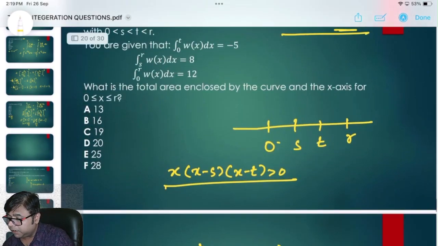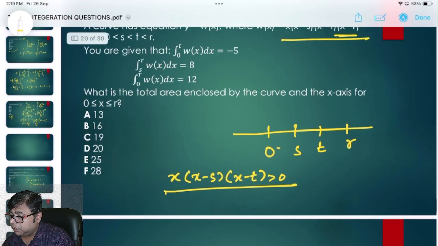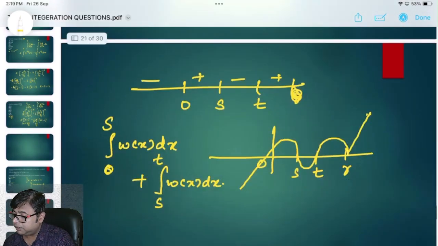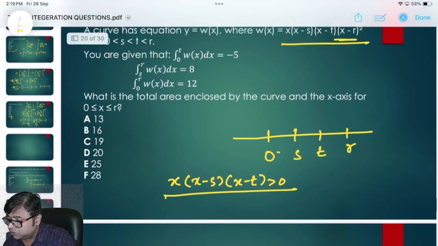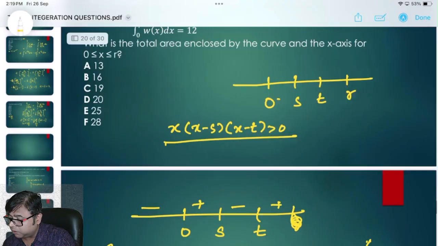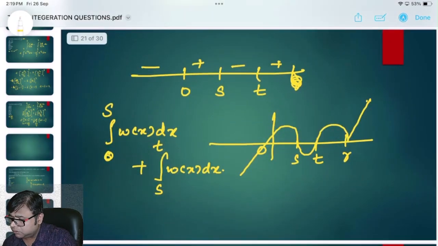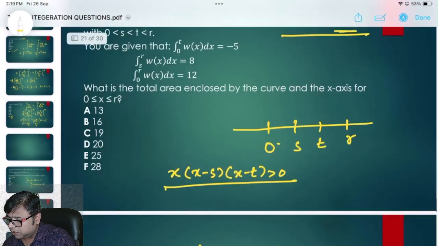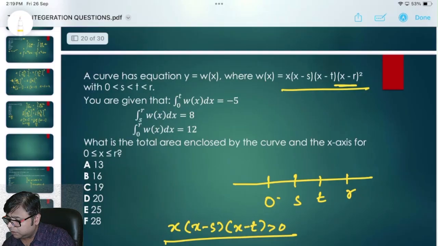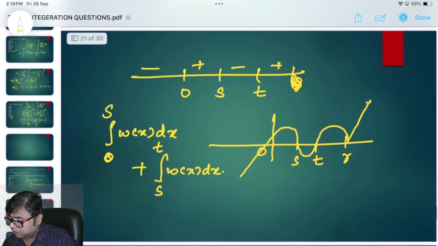Now what else is given to us? They're saying s to r wx dx is 8. And 0 to r is 12. 0 to t is minus 5.